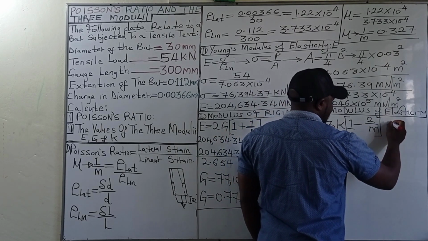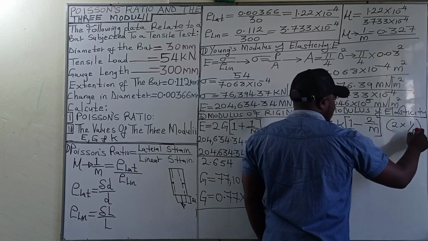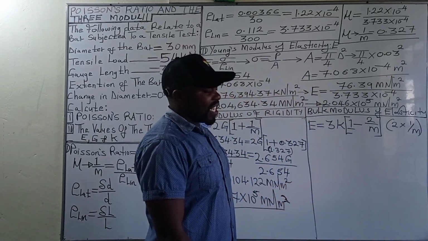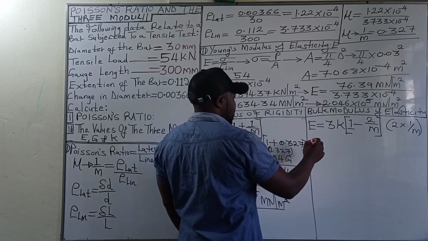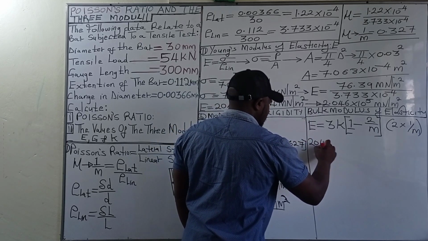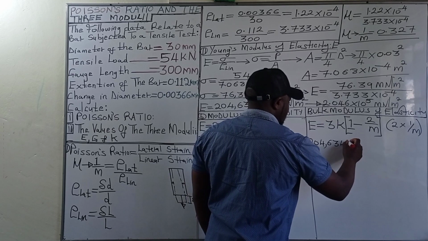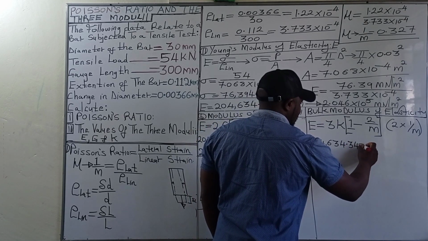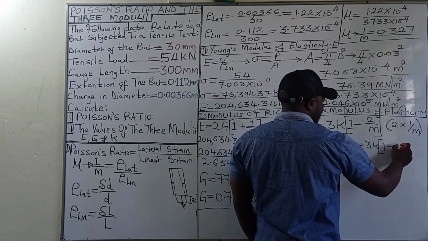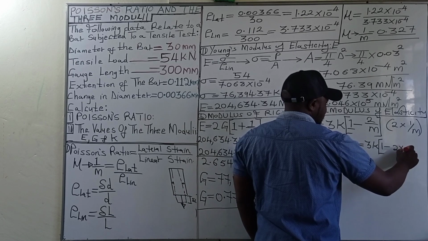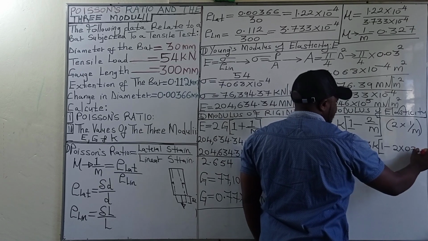Remember, this 2 over m can be rewritten as 2 times 1 over m, whereby 1 over m is the Poisson's ratio. So we are going to have Young's modulus of elasticity, which is 204,634.34, being equal to 3K into 1 minus 2 times the Poisson's ratio, which is 0.327.